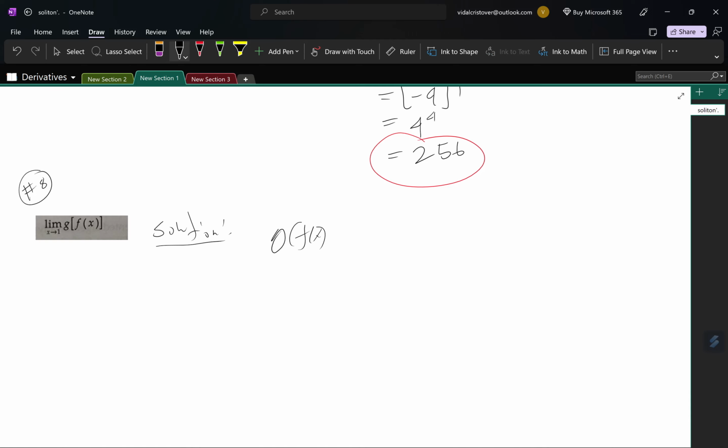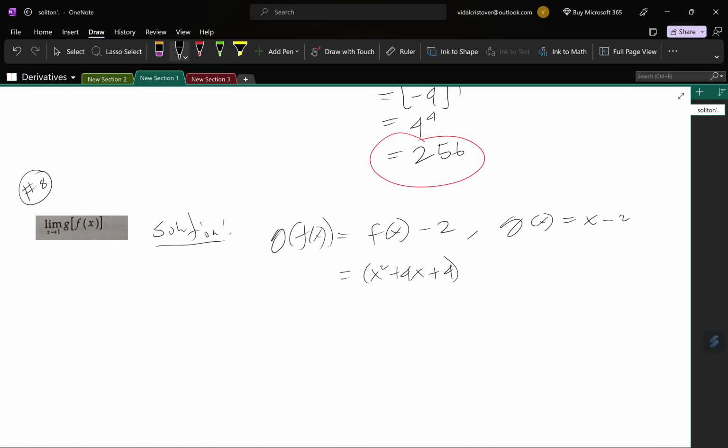G of f of x is the same as f of x minus 2, since g of x is equal to x minus 2, meaning x is replaced by f of x. And f of x is x squared plus 4x plus 4, subtract 2. So, this is just x squared plus 4x plus 2.